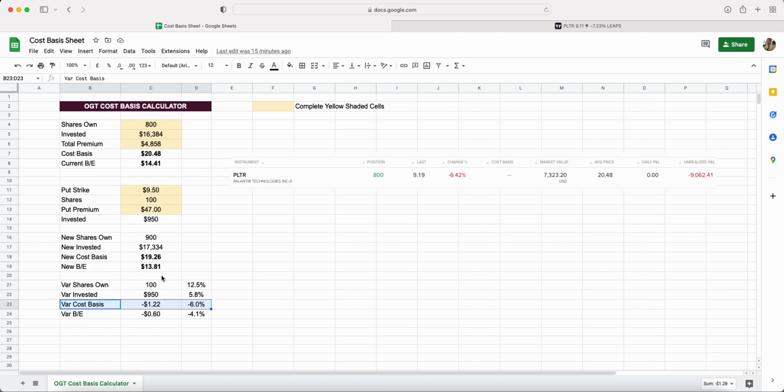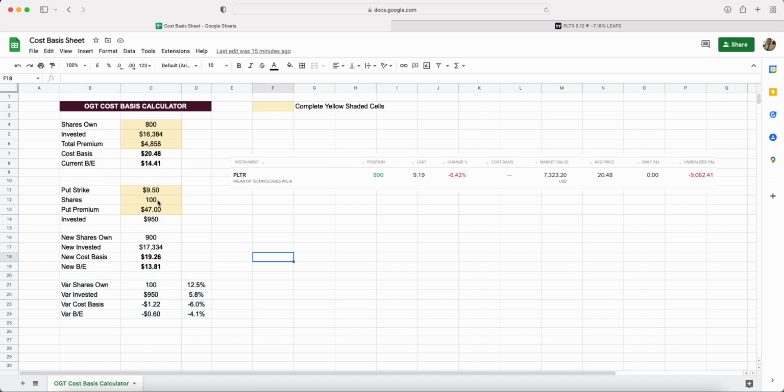So I go from $20.48 to $19.26. That's a big drop for nearly a whole dollar, I said 6%, not even 10%. But dropping it by that much, again, is bringing me closer and closer to the price. And then my break even drops by 60 cents to 13.81, by 4.1%.